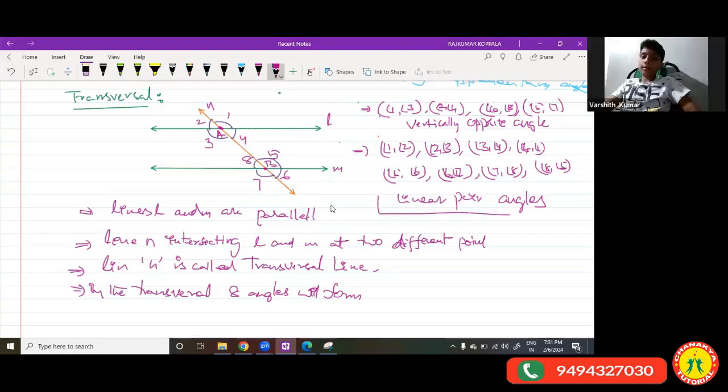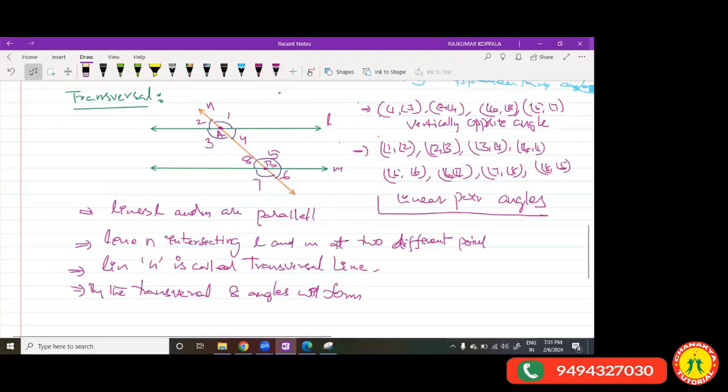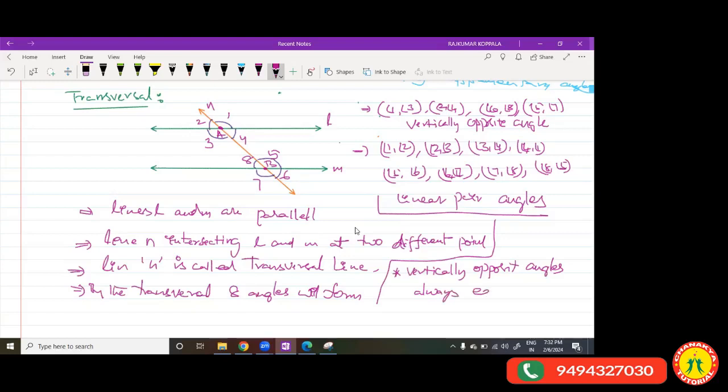Yes, sir. Right. Now, some different angles also we will get here. Always vertically opposite angles are equal.